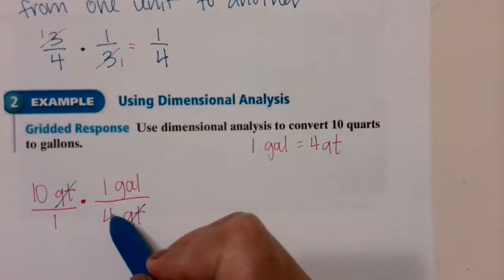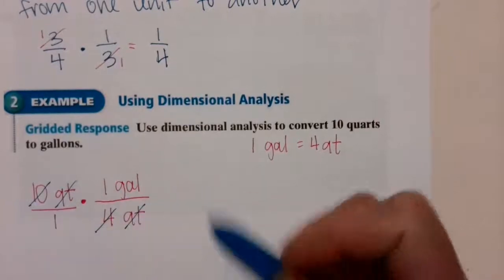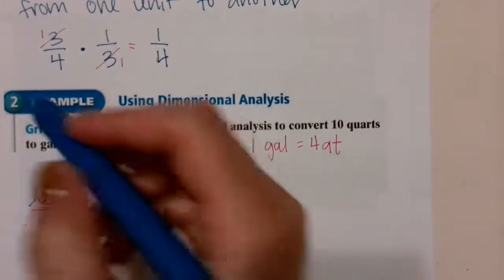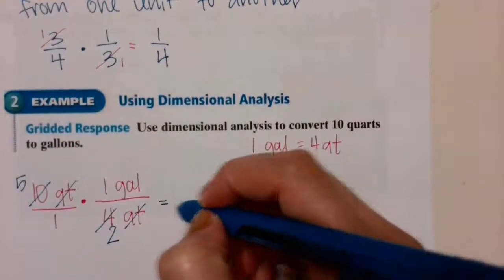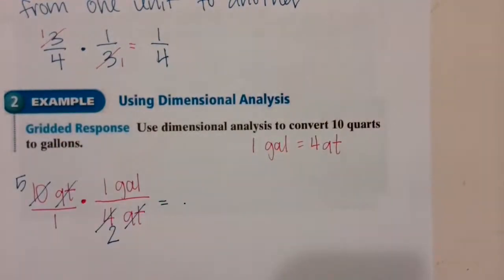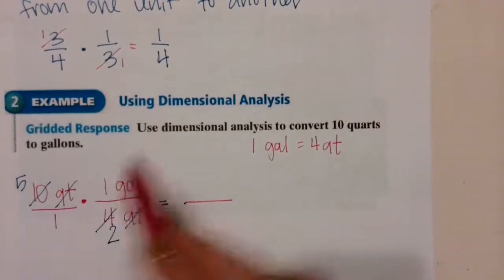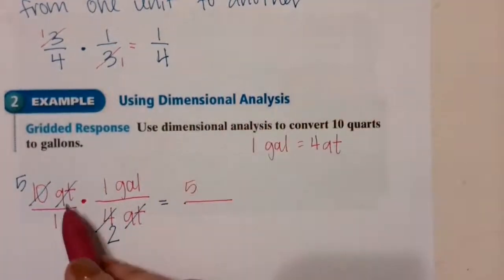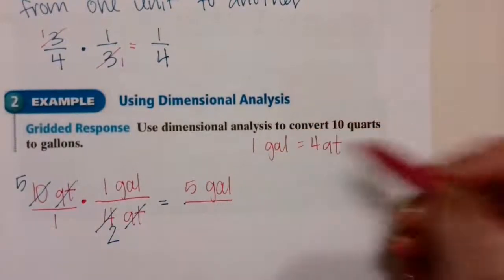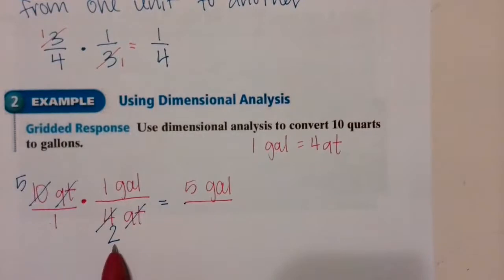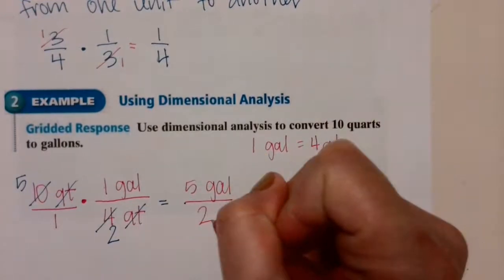Both of those are even. So 4 divided by 2 is 2. 10 divided by 2 is 5. And now when I multiply across, I have 5 times 1, which is 5. Don't have these quarts anymore, so now I have gallons. On the bottom I have 1 times 2, no quarts, so just 2.